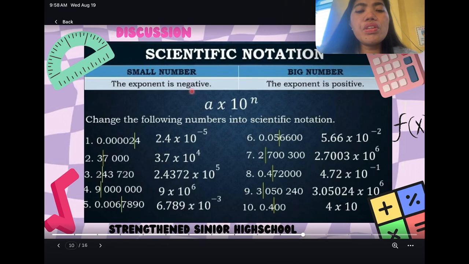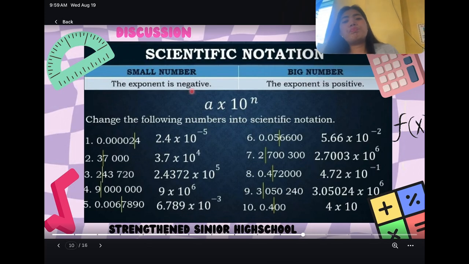Then number 3, you will just stop at the first digit, so you put the decimal after the first digit. 2.4372 times 10 raised to the power of 5. You start counting where the decimal point is located originally. Number 4, 9 million, is equivalent to 9 times 10 raised to the power of 6.